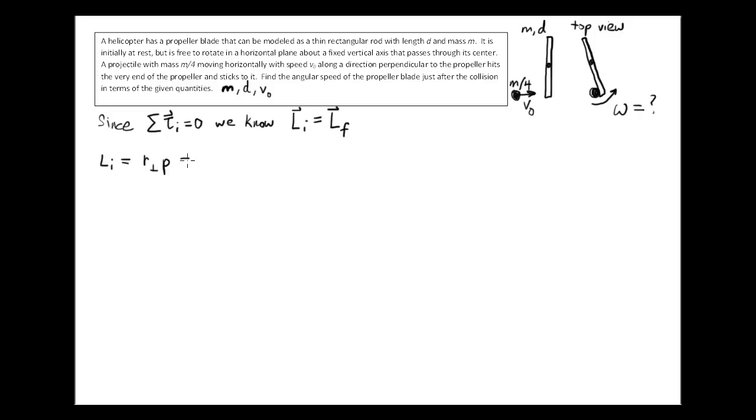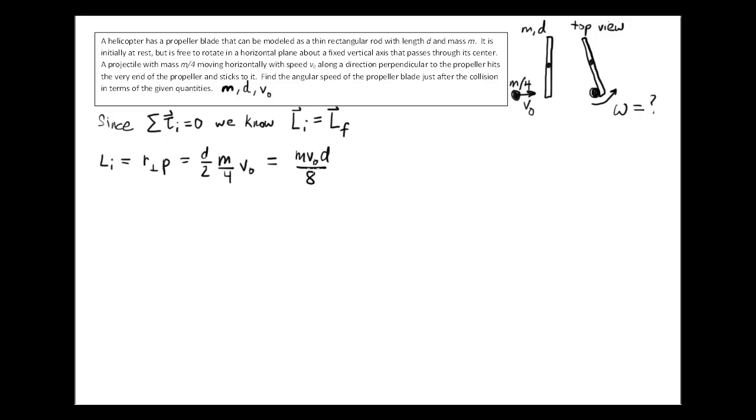Here the perpendicular distance from the direction of the momentum that goes through the axis is d/2. Don't make the mistake of putting d in there. And p is simply m/4 times v0. Okay, so we've got m v0 d over 8.